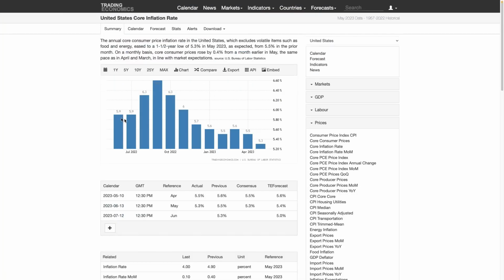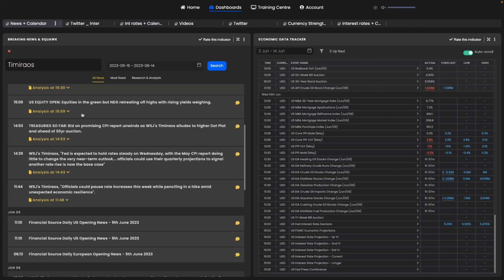We like both of those. And if they don't hike, and if they keep the dots the same, they're in that wait and see mode, which is very data dependent, and we would be looking at a more dovish approach. I'd expect gold to continue to grind a little bit higher. Would I take a trade? No, I wouldn't, but that's what I'd expect.